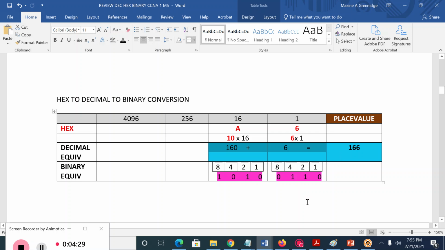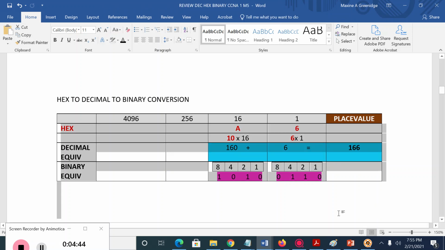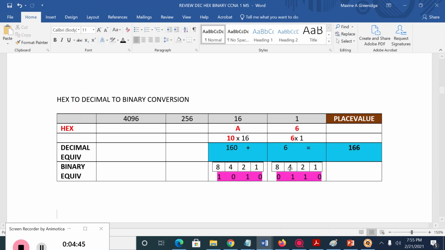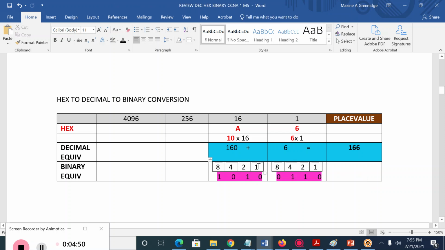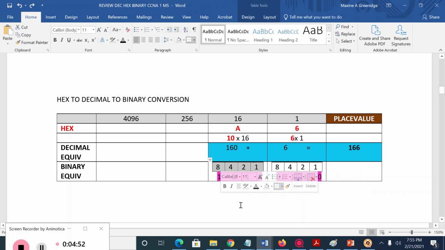But let's say that we wanted to convert this hexadecimal to binary. All we have to do, remember we said that every hexadecimal digit equals 4 bits. These are the values of the 4 bits. So the 6 is going to be represented by these 4 bits, and then the A is going to be represented by these 4 bits.